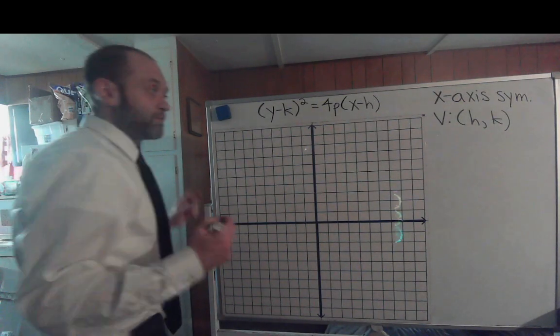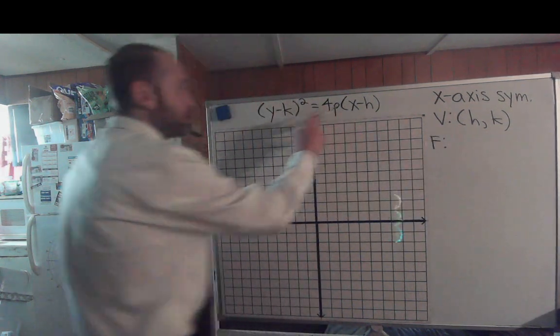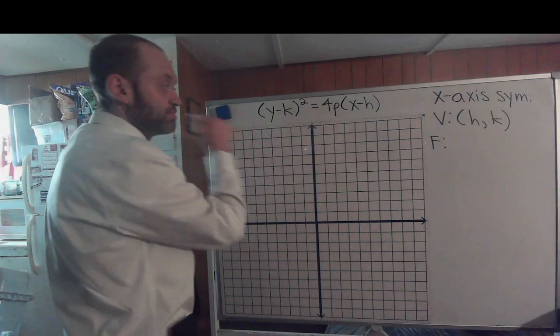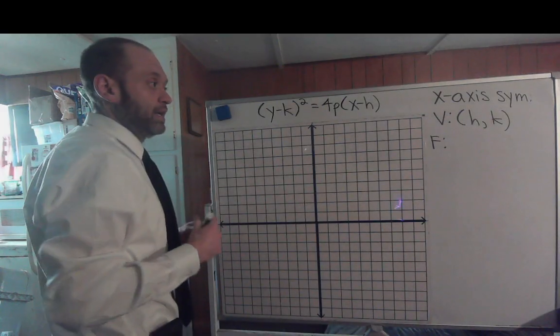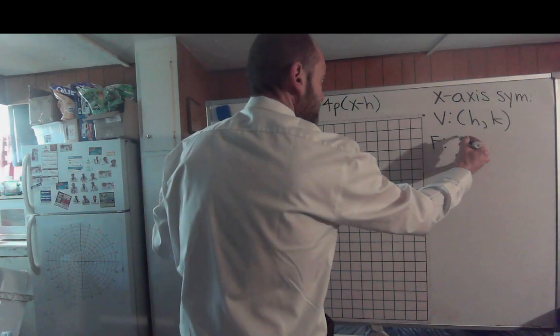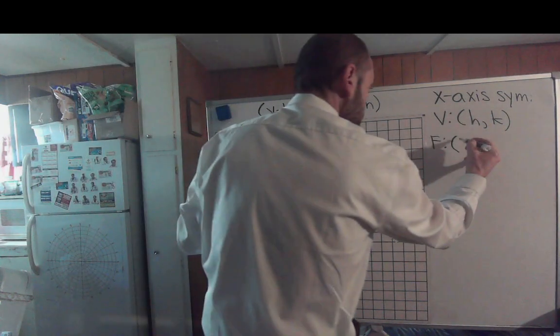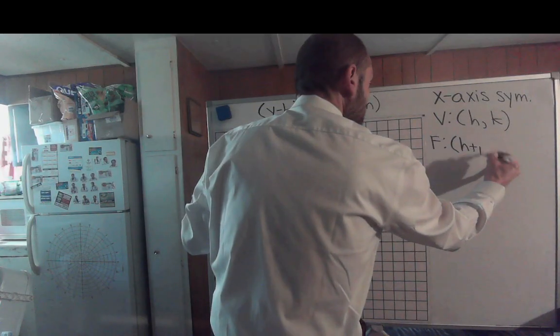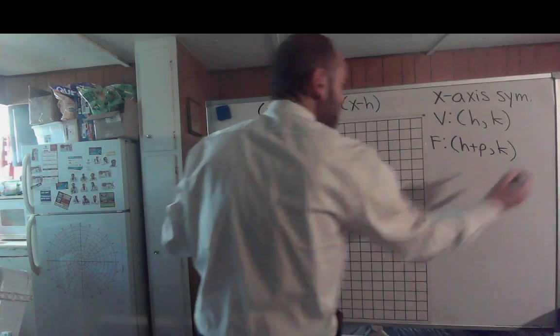And to find your focus, that 4p, of course, denotes some coefficient on the quantity of x minus h. Well, you would solve for p. This time, since it's got x-axis symmetry, you're going to add p to the x-coordinate of your vertex, but you'll leave your y-coordinate alone.